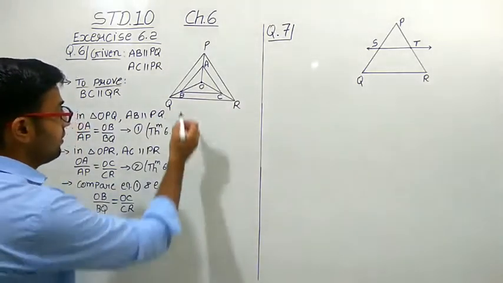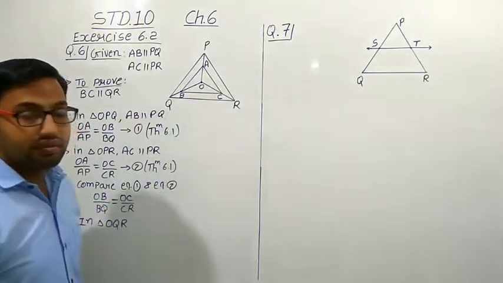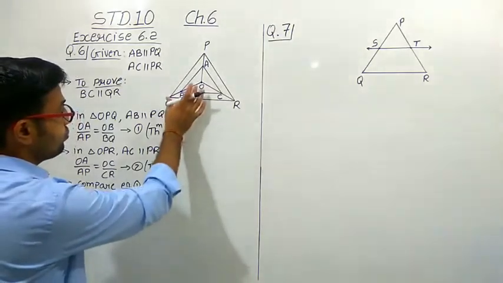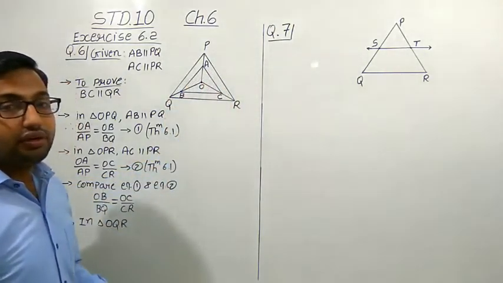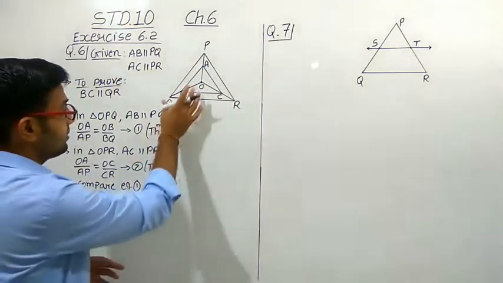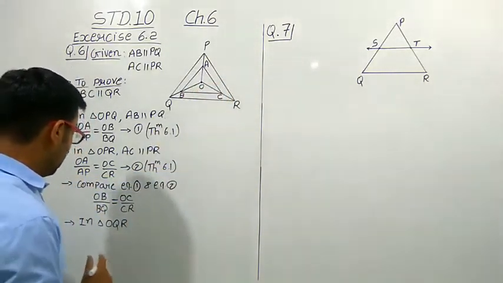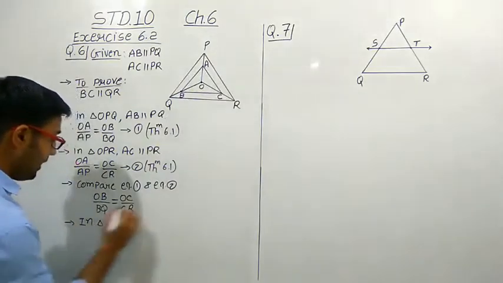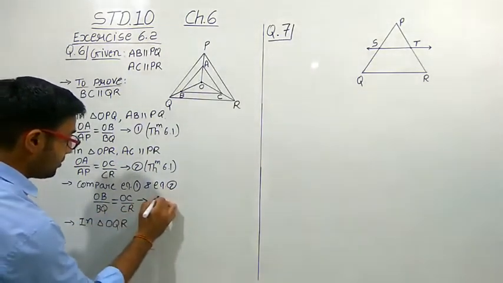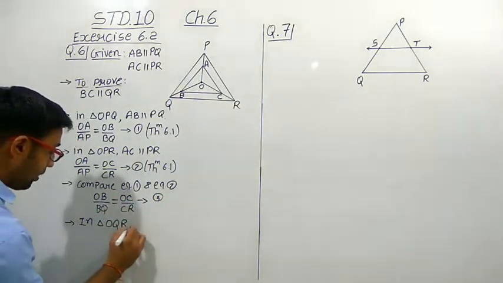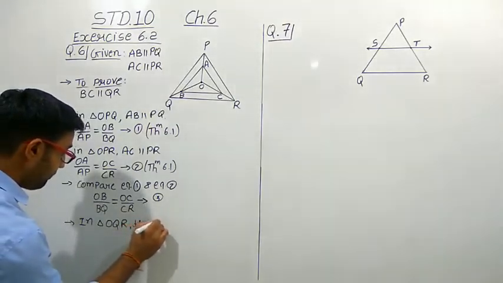That means the line BC divides two sides of the triangle in the same proportion. Give it equation number 3.